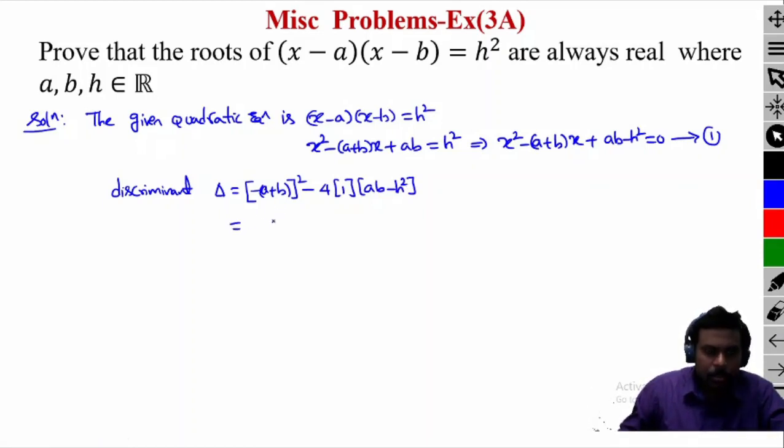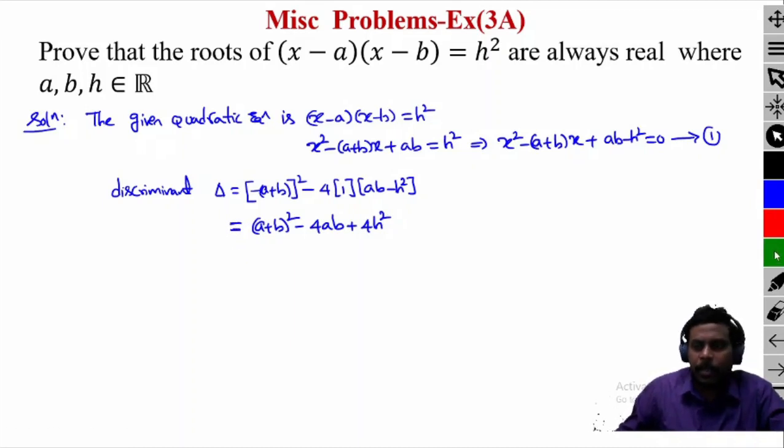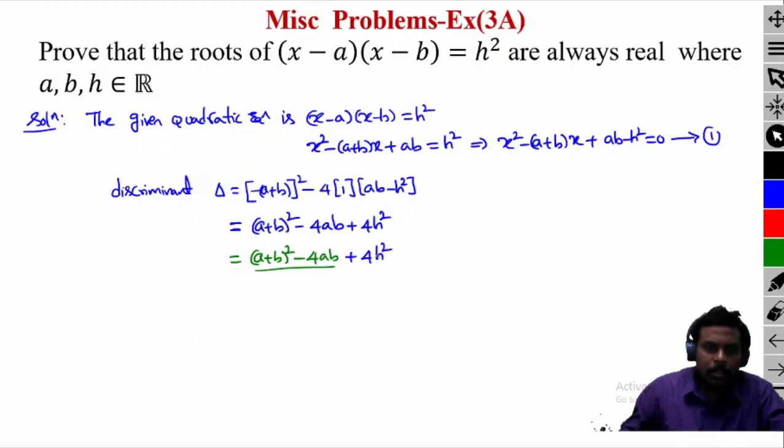So this is going to be a plus b whole square minus 4ab plus 4 into h square. So this is the discriminant actually. Now if I rewrite this, this is going to be a plus b whole square minus 4ab. Now this part I'll write separately, plus this is 4h square.